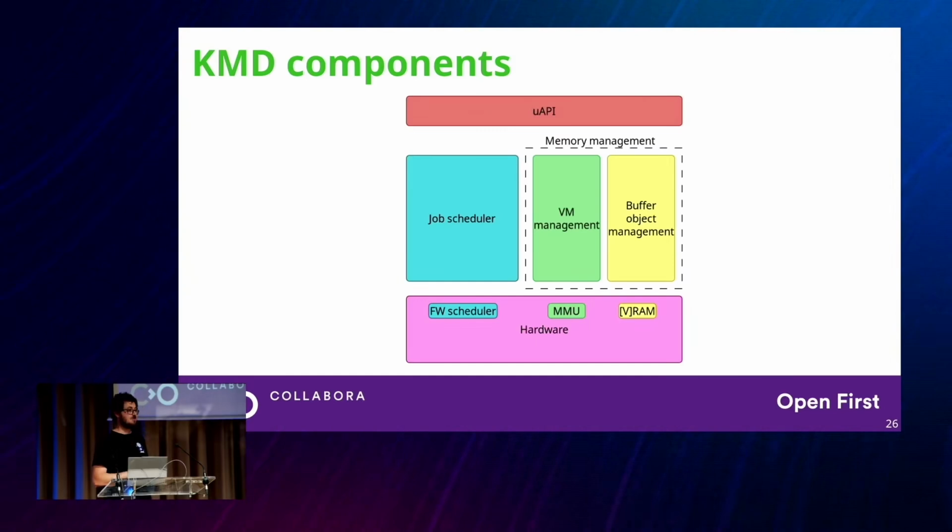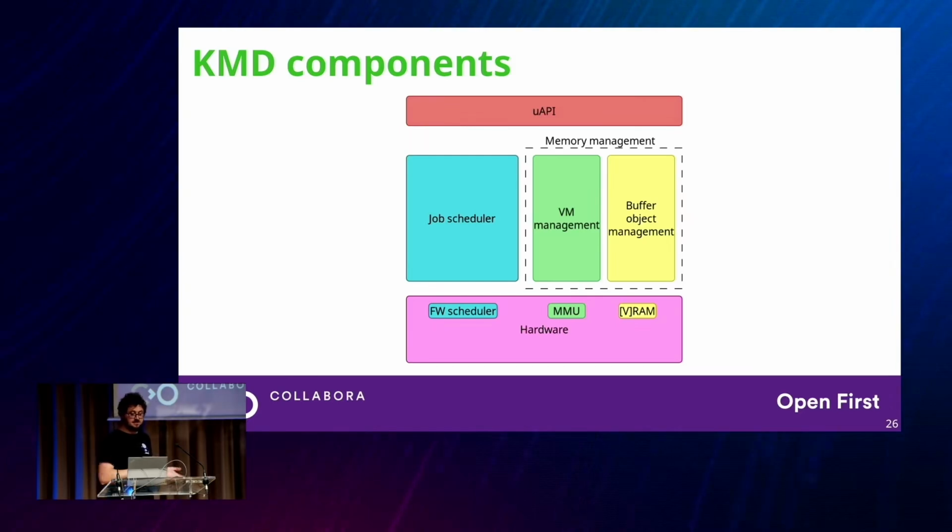The buffer object management layer is here to allocate and free buffers, make sure that they are backed by actual physical pages and whatever is related to memory management. There's the VM management, which is kind of related to memory management too, except this is really dedicated to everything that has to do with the MMU, so where you map this buffer object in GPU space.